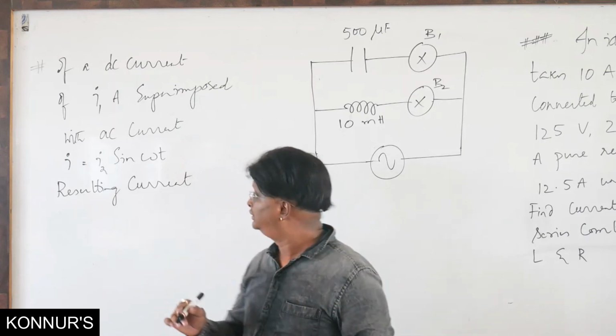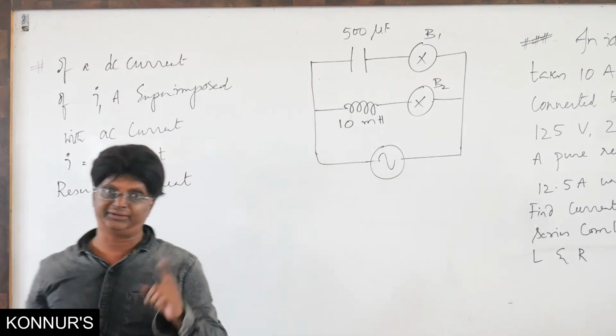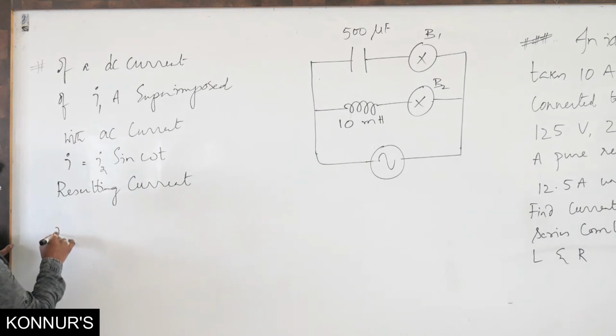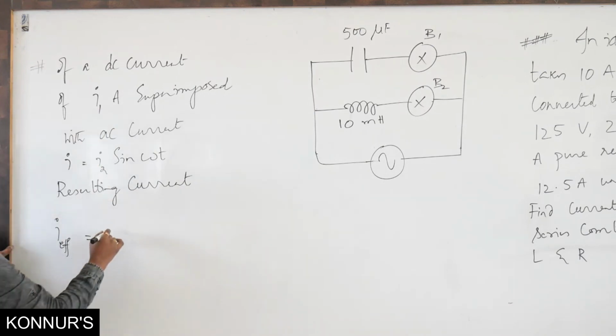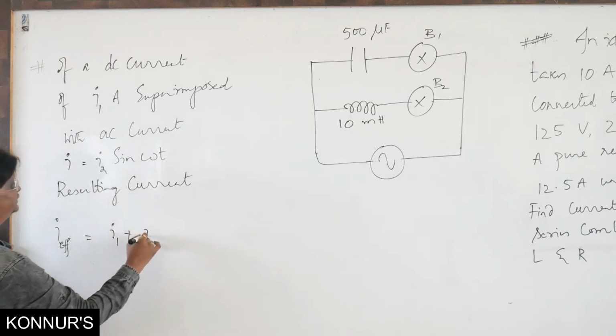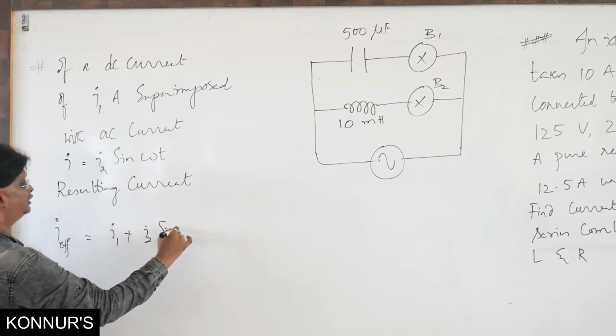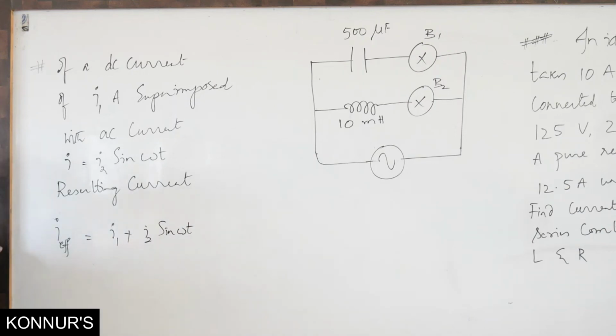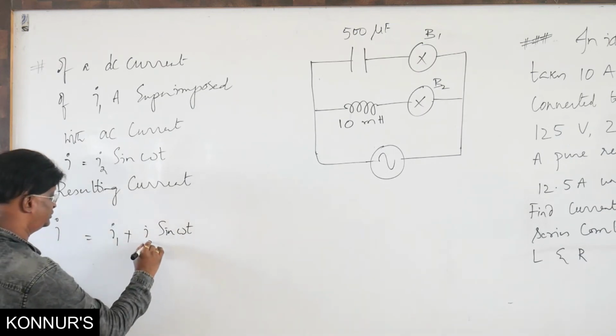And therefore, our answer now here is that since it is superposition, we will write I effective. This I is equal to I1 plus I2 sine omega t.